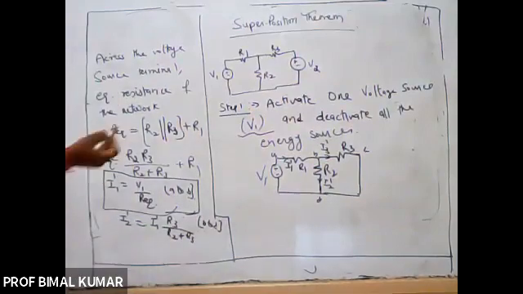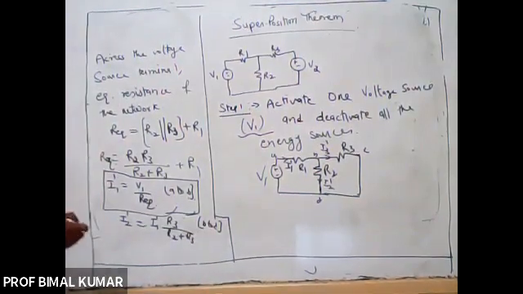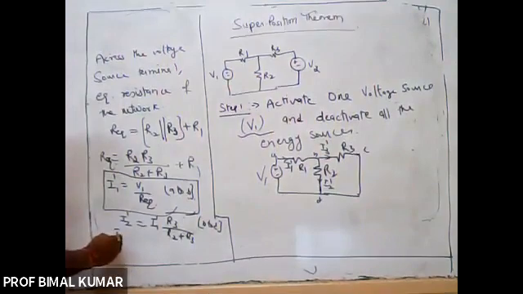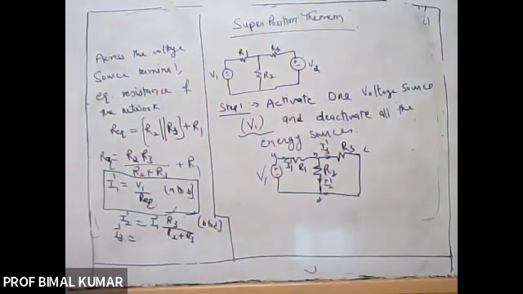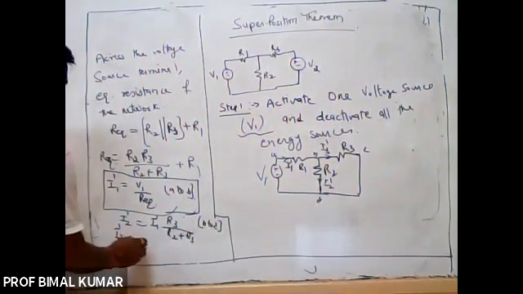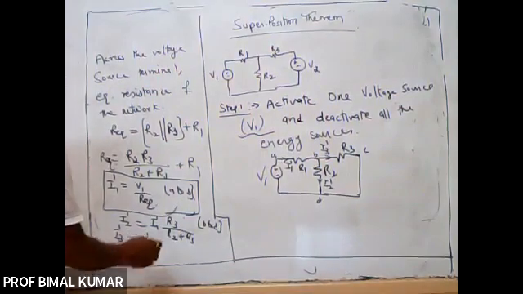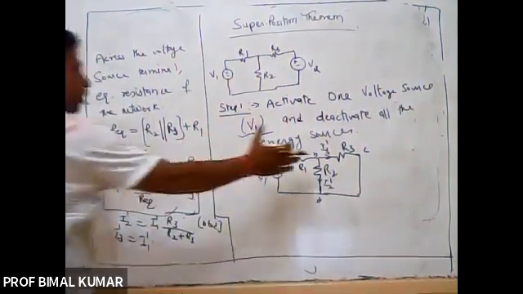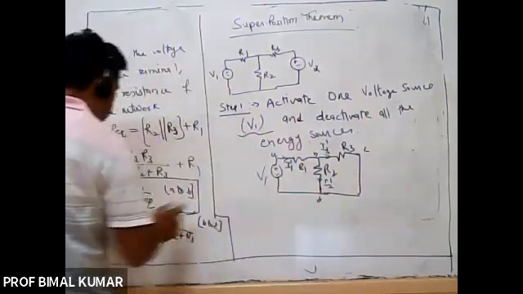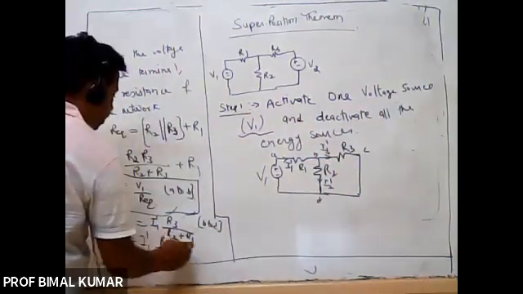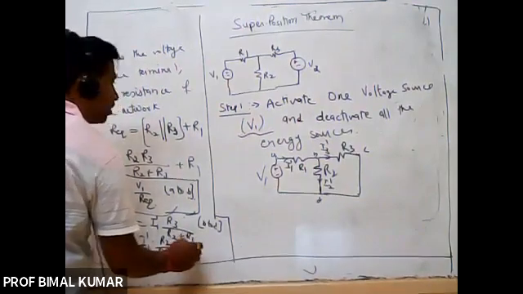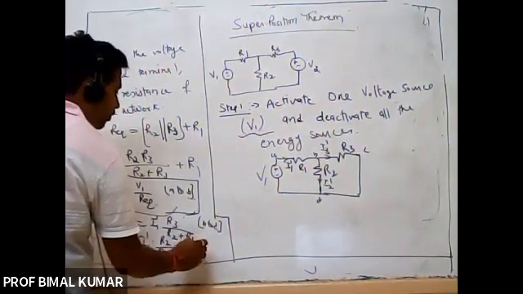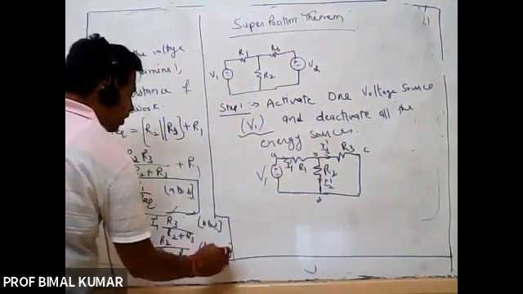And last, I3 dash may be calculated again by the current division method, that is total current I1 dash into opposite resistance. Now for R3, the opposite is R2, divided by the sum of both, R2 plus R3, and here direction is from B to C, right?